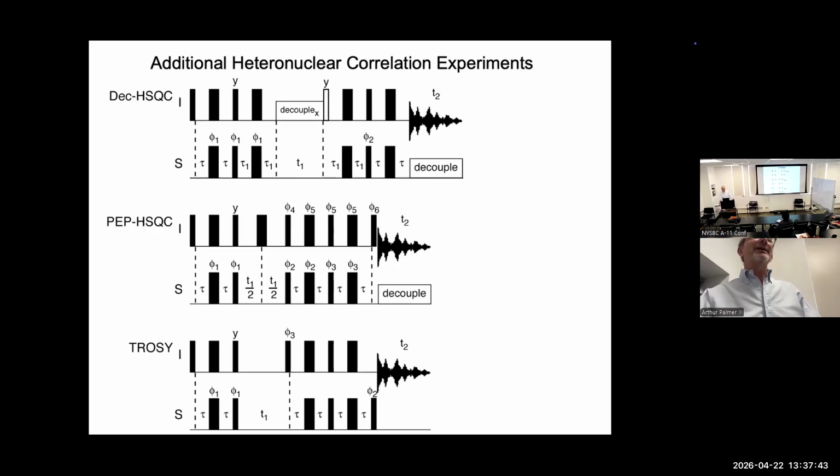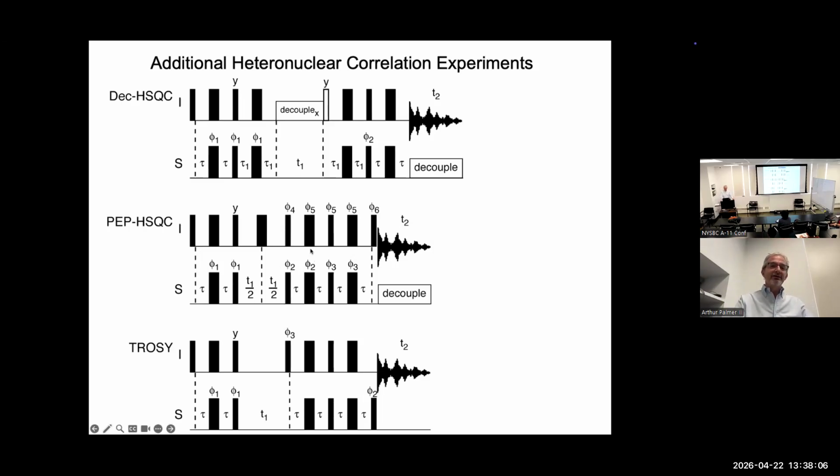Because after t1, you have a cosine term and a sine term, and generally only one of them gets refocused to be detected, and then you have to run a second experiment to get the other component. If the first experiment gave you the cosine, then you run a second experiment to get the sine, but of course, on average, you've thrown away half the signal.